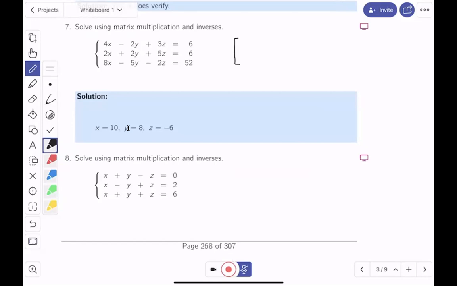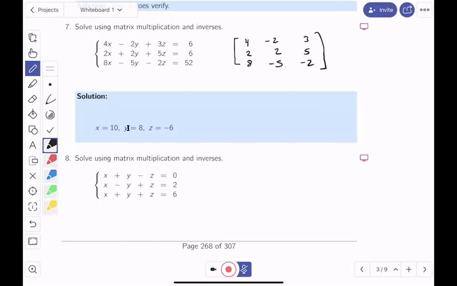The coefficient matrix can be 4, 2, 8, minus 2, 2, minus 5, 3, 5, minus 2. We just put the coefficients down of these matrices.